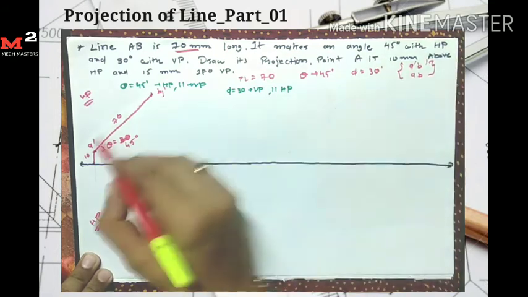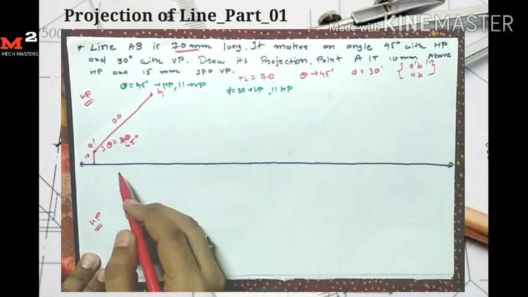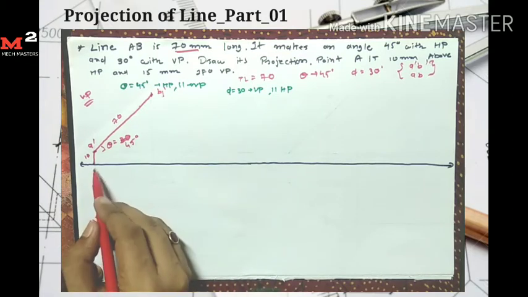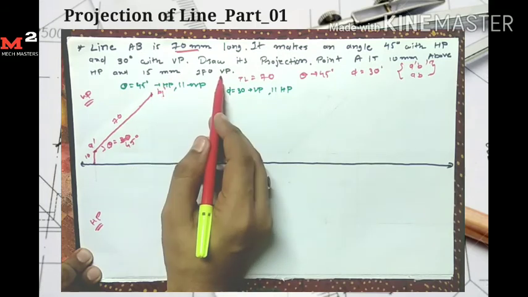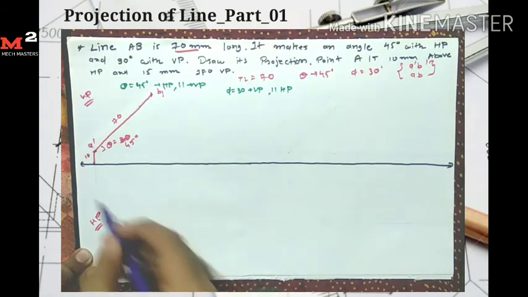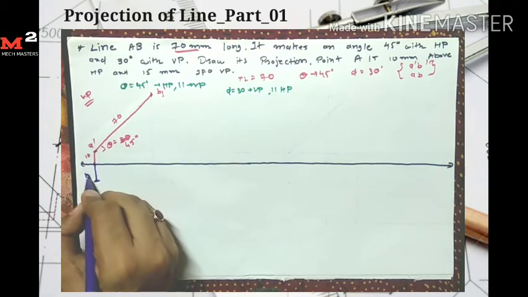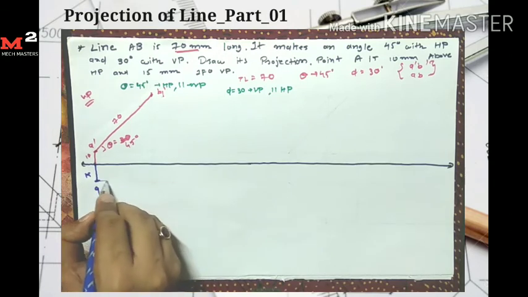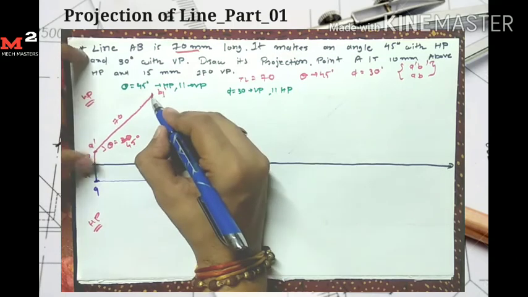Now the line is parallel to the vertical plane, so first I mark the point A. The point is 15 mm in front of VP, so from here I measure the distance 15 mm and mark the point A. Now here I draw the locus for point A, and from B1 dash I take its projection here.